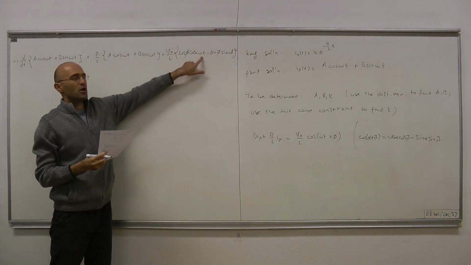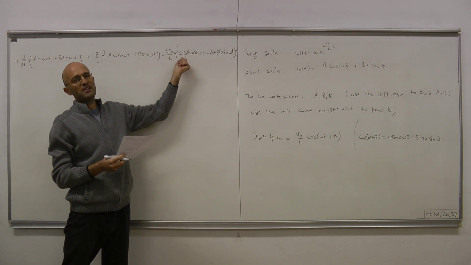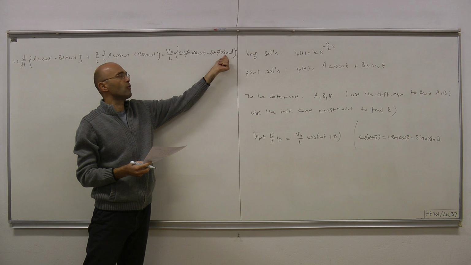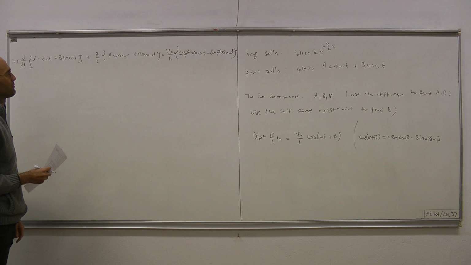Note that cosine omega t is a time varying function, whereas cosine phi is fixed because phi is fixed. Likewise, sine omega t is oscillating, whereas sine phi is fixed.